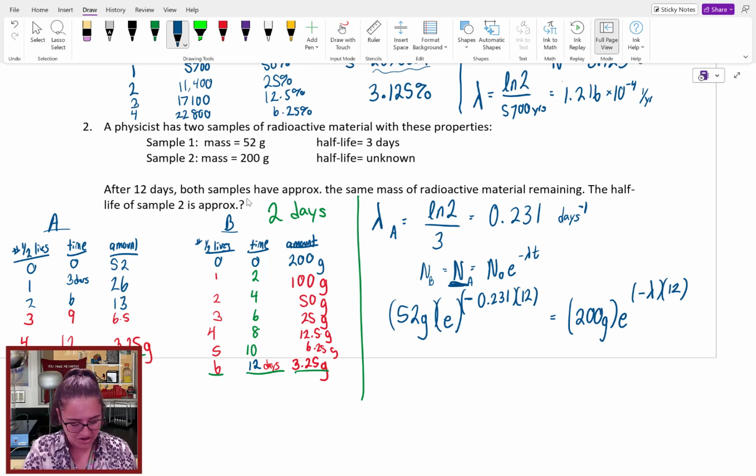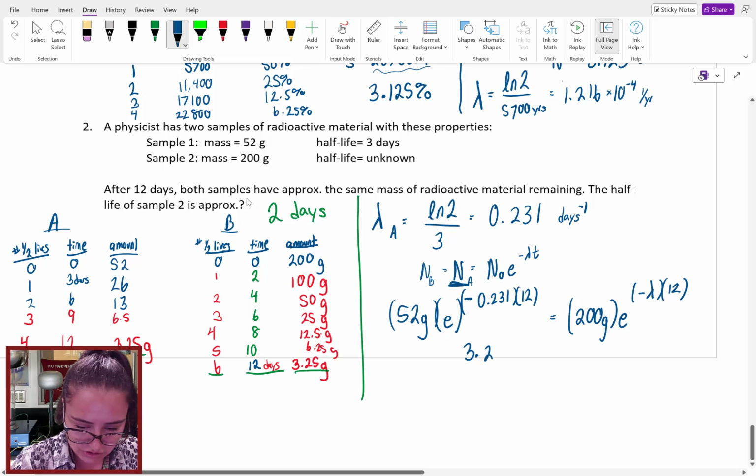Let's find out. First we have 0.231 times 12, e to the negative of that number, times 52. Then I got 3.252, which is the amount remaining.